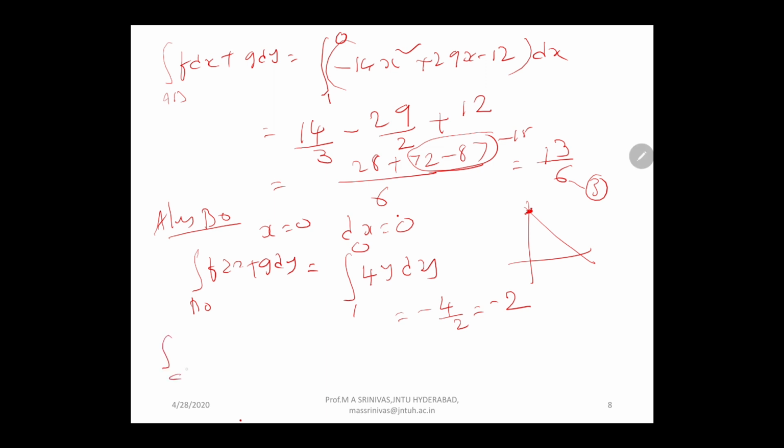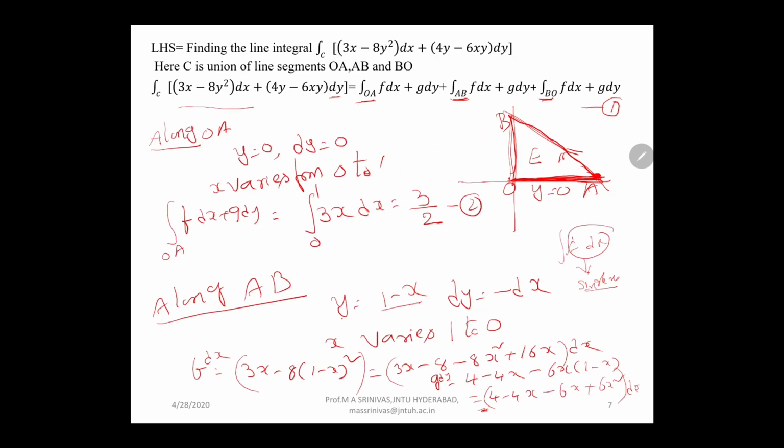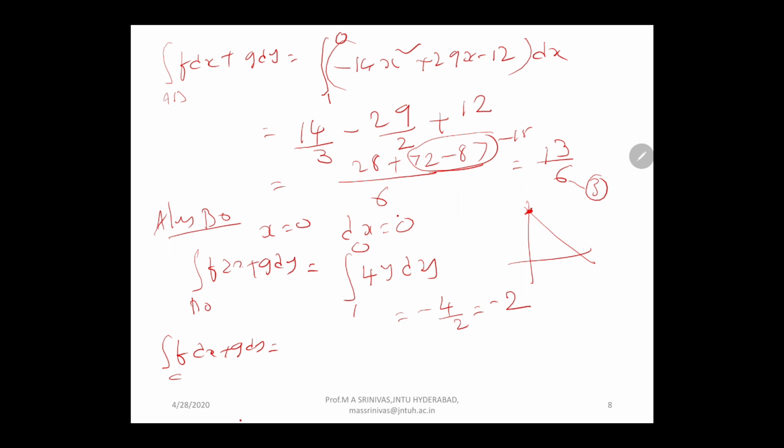Therefore, integral over C of f dx plus g dy is equal to, along OA I got 3 by 2, along AB I got 13 by 6 and along BO I got minus 2.